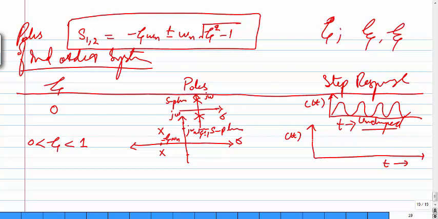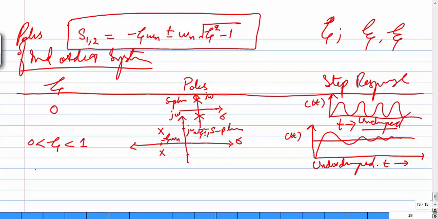If I give a step input, this is the behavior I note. So the underdamped system has overshoot, while the undamped system has pure oscillations, and these are the pole locations.